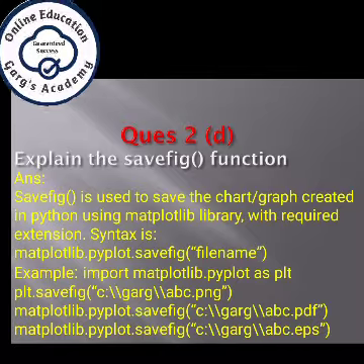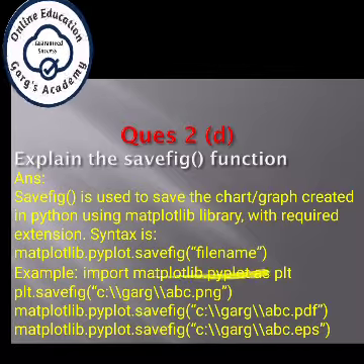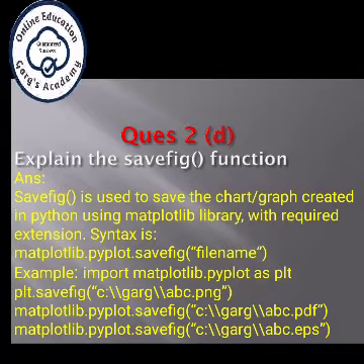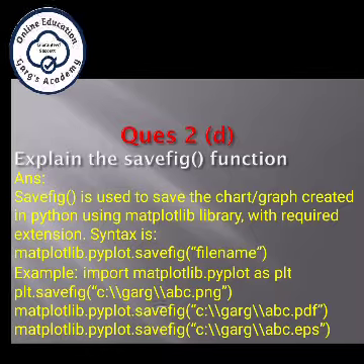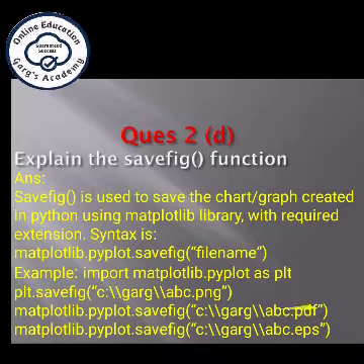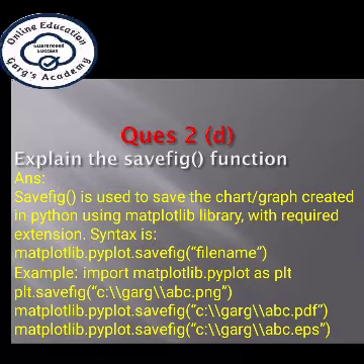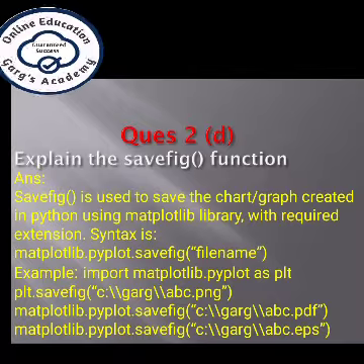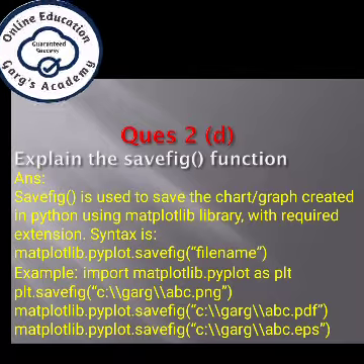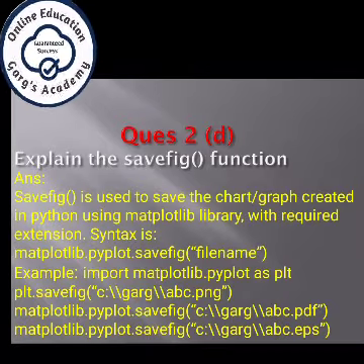If you are not writing import matplotlib.pyplot, then you have to completely write matplotlib.pyplot.savefig, and again these two are the statements. Here I have changed the extension just to remind you that it can take any extension.